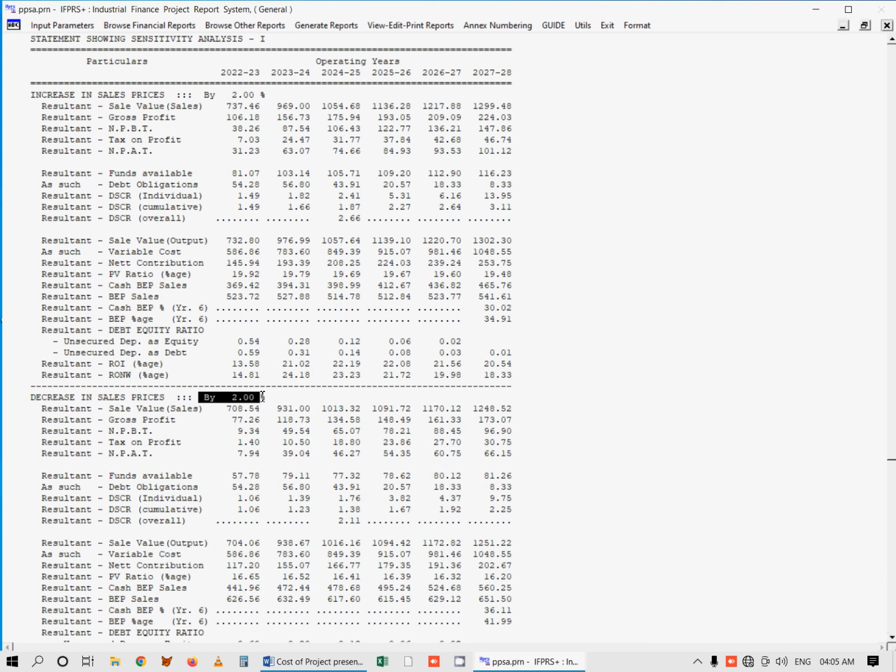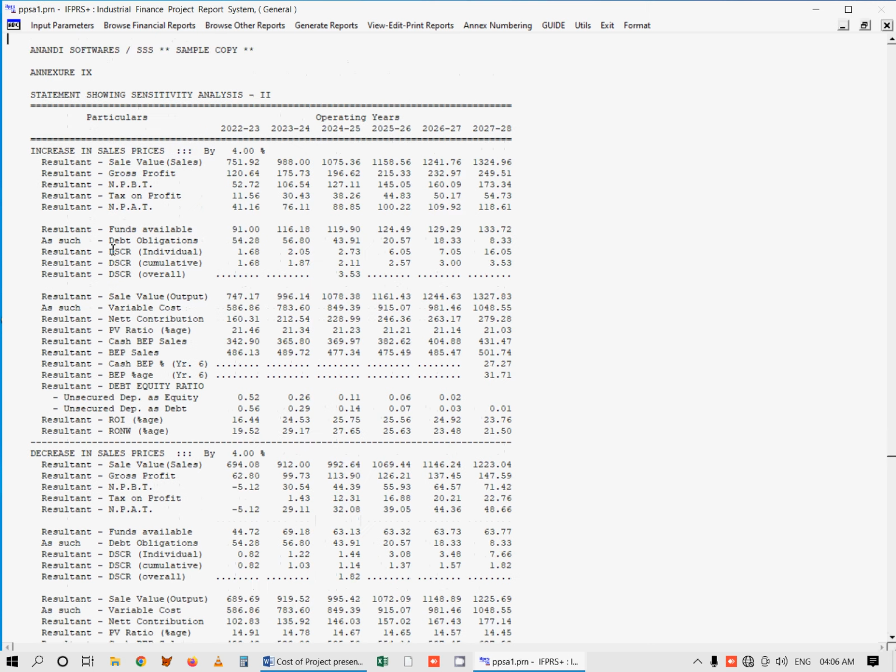Sensitivity is not just restricted to net sales and PBT, but it is a much extended sensitivity analysis related to the resultant PAT, resultant DSCR, resultant BEP, cash BEP, resultant ROE, RONW, etc. You could observe that with a 2% increase in sale price, its resultant DSCR stands at 2.66, and with a decrease, it works out to 2.11, as against the overall gross DSCR of 2.33.